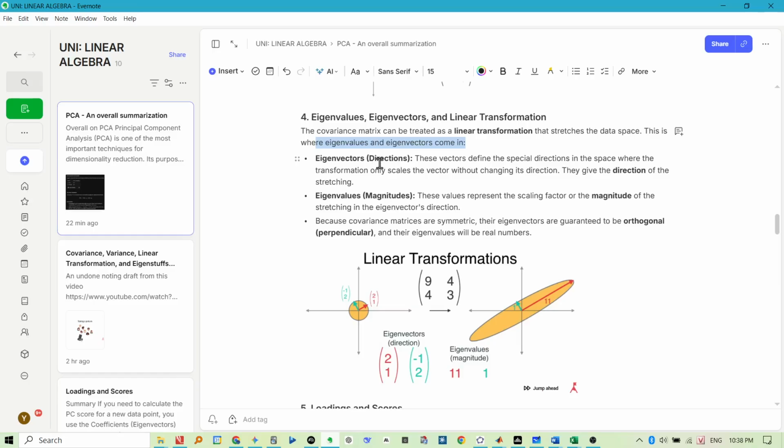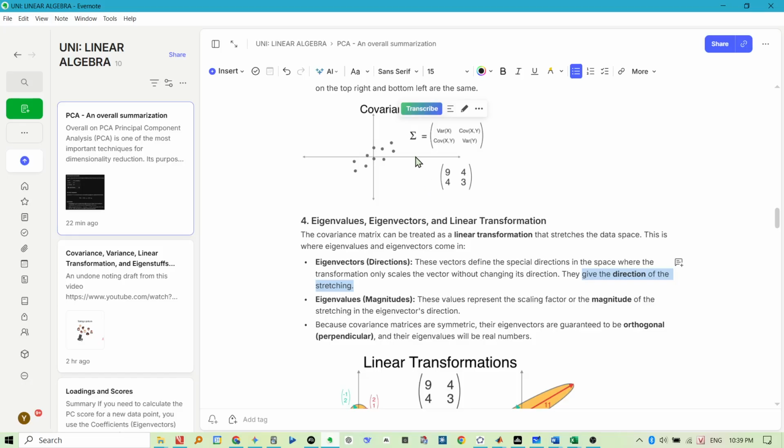So, eigenvectors are the directions of our data. This vector points in the direction that is most spread out. They give the direction of the stretching.